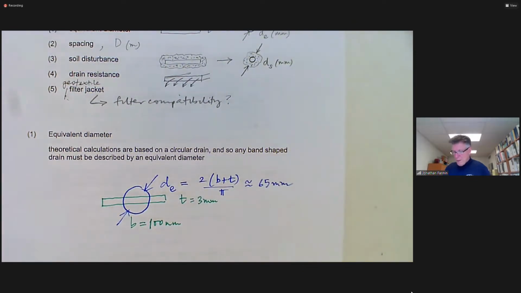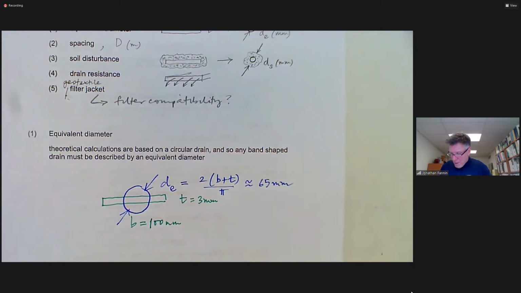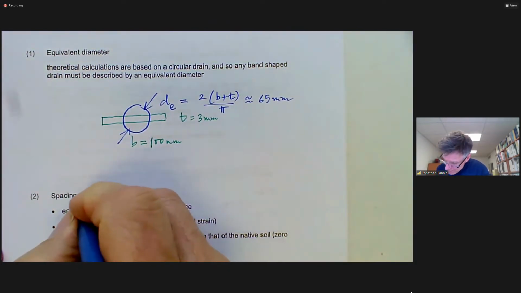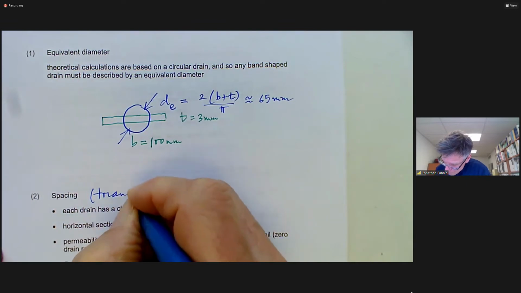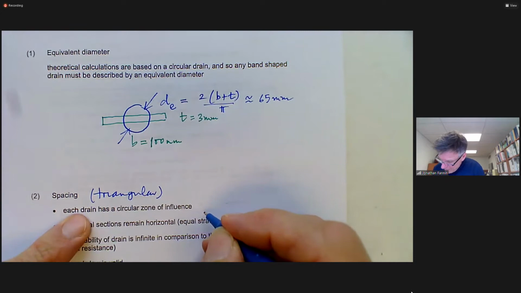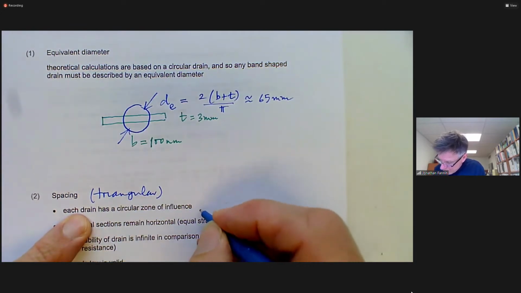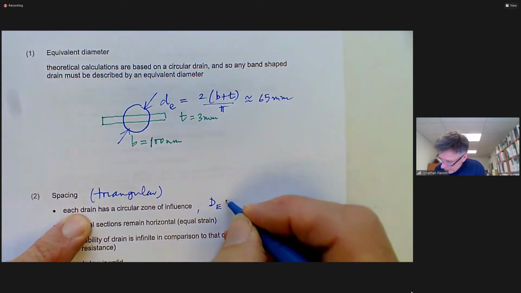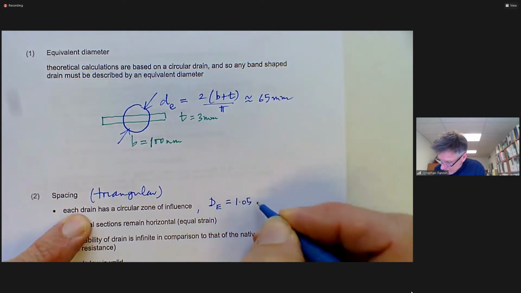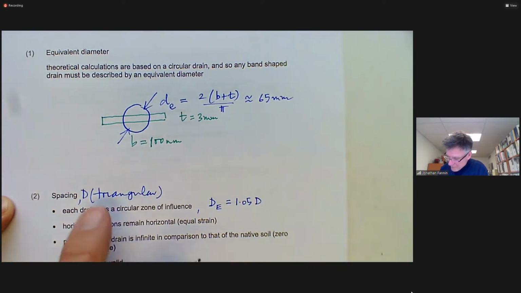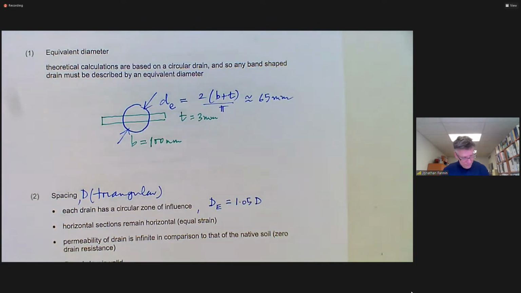Okay, and in terms of spacing, odds on we're going to have a triangular spacing. Each drain has a zone of circular influence, 1.05 times D, spacing D. If that's true, that's going to hold.